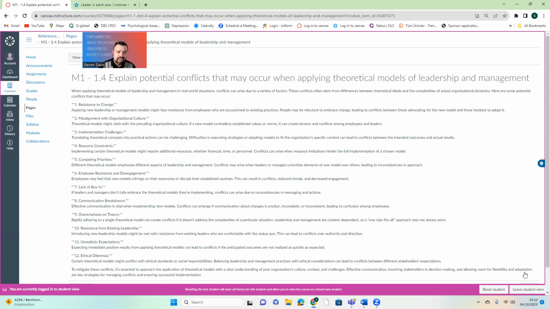As we go through here, you've got your organizational cultures, you've got implementing change cycles, you've got your resources, your priorities, your lack of buy-in, communication breakdown. So these are all of the things that cause the change cycle to fail, including ethical dilemmas where people have got their own values and feelings and thoughts on certain things.